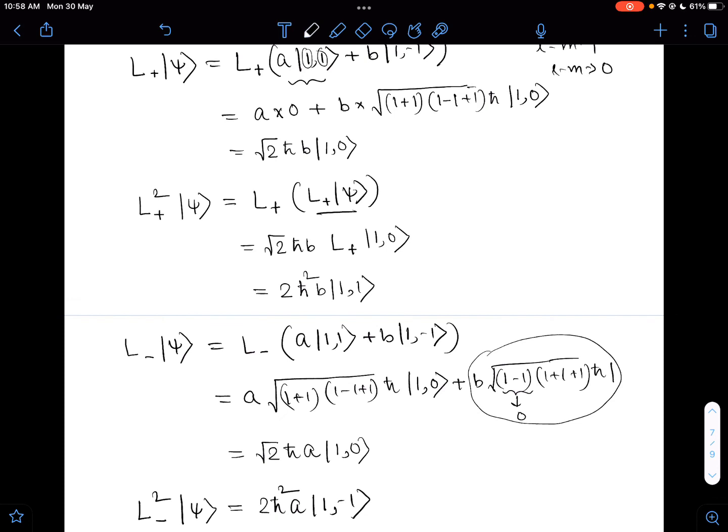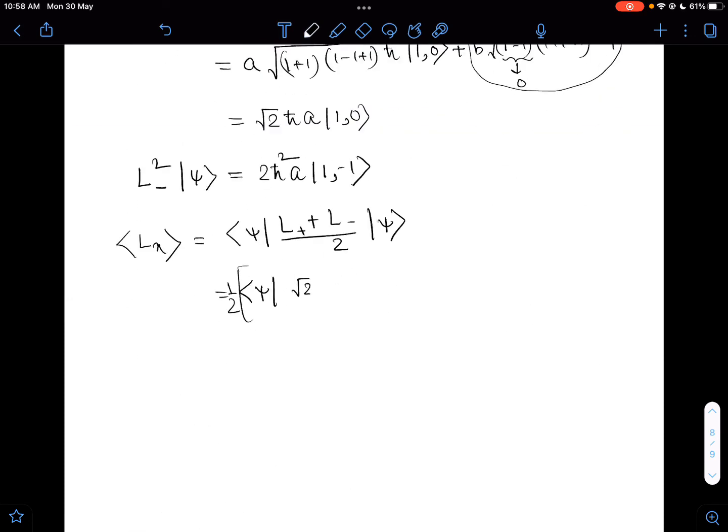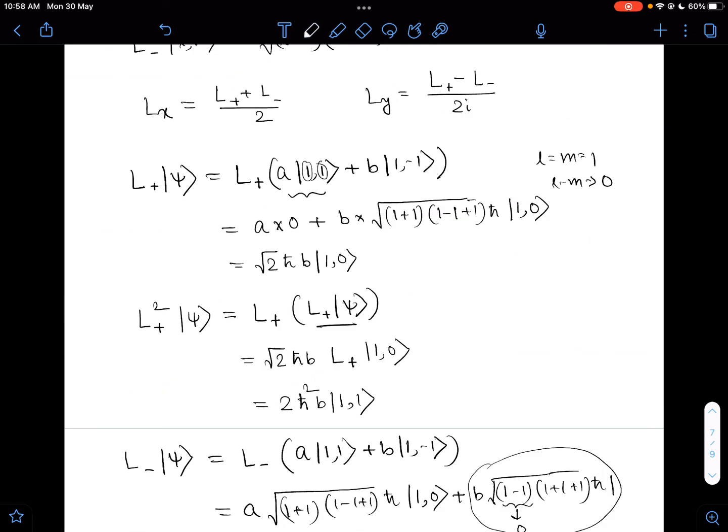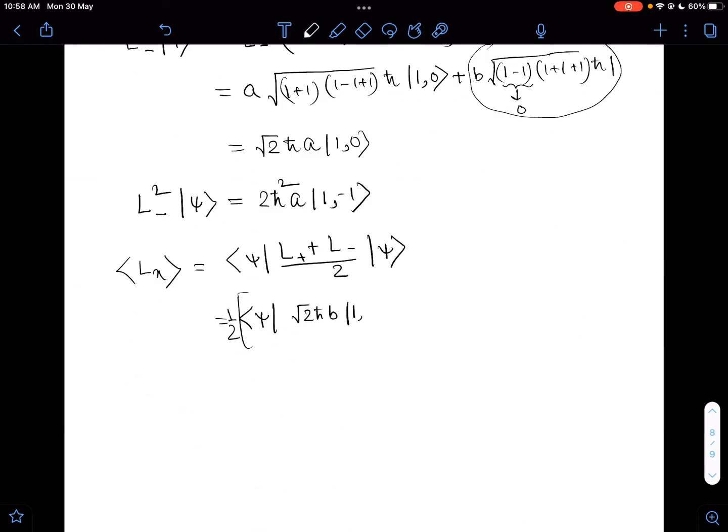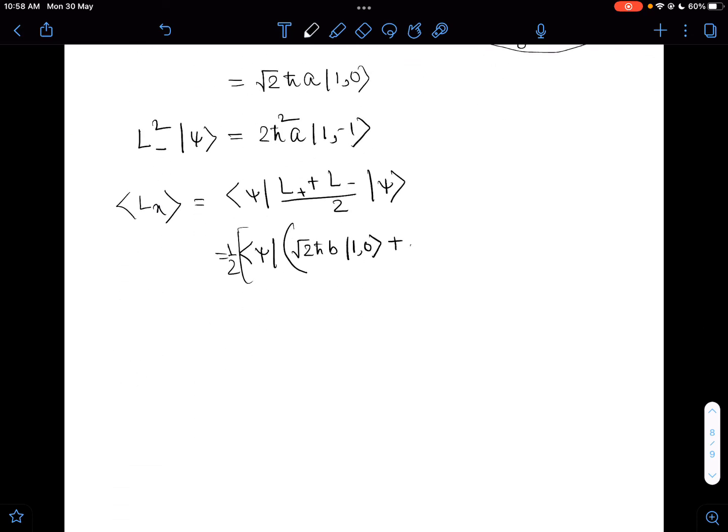L plus on psi gives us root 2 h cut B|1,0>, and L minus on psi gives us root 2 h cut A|1,0>, and psi only contains |1,1> and |1,-1>. Since |1,1>, |1,-1> and |1,0> are orthonormal, the inner product of these will be 0.